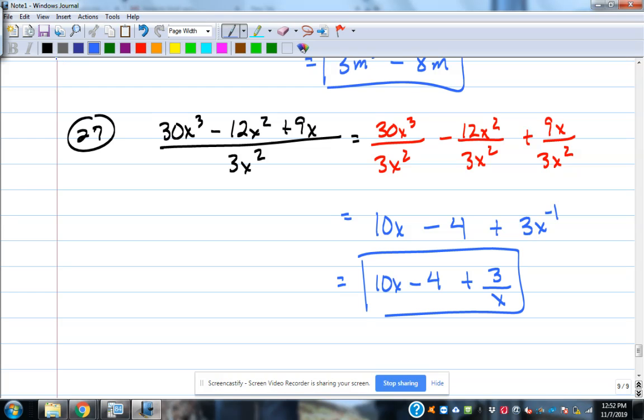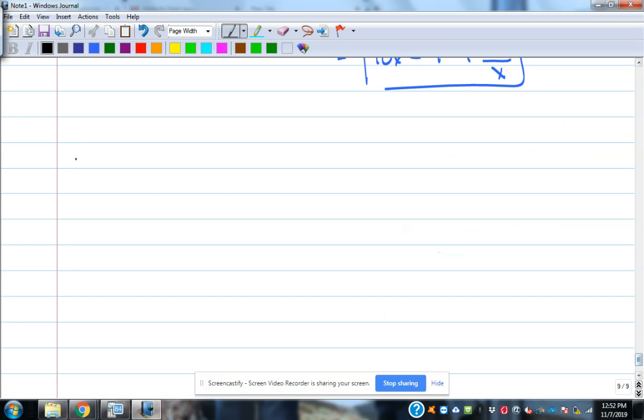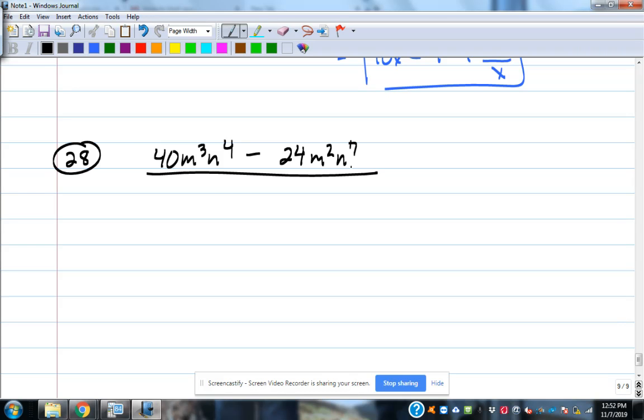All right. Let's do one with more than one variable, just so that we have seen that, and then we'll be done for the day. 40m to the third n to the fourth minus 24m squared n to the seventh divided by the monomial 8m squared n to the fifth. So that's our monomial.